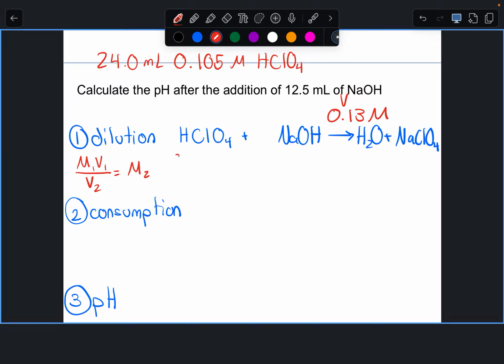So for the acid, 0.105 and 24 mL, and then the new total volume is 36.5. Whereas for the base, it's 0.13 and 12.5 and a total of 36.5. So this will give you your starting points to do that consumption step.